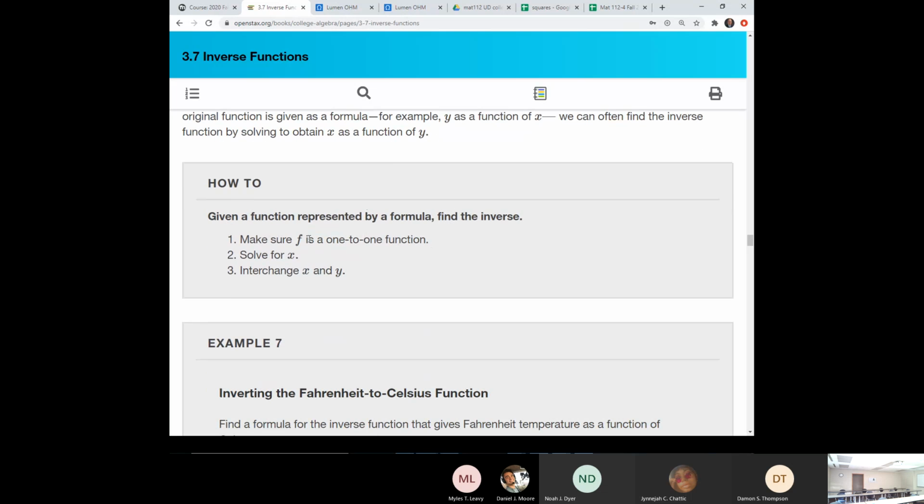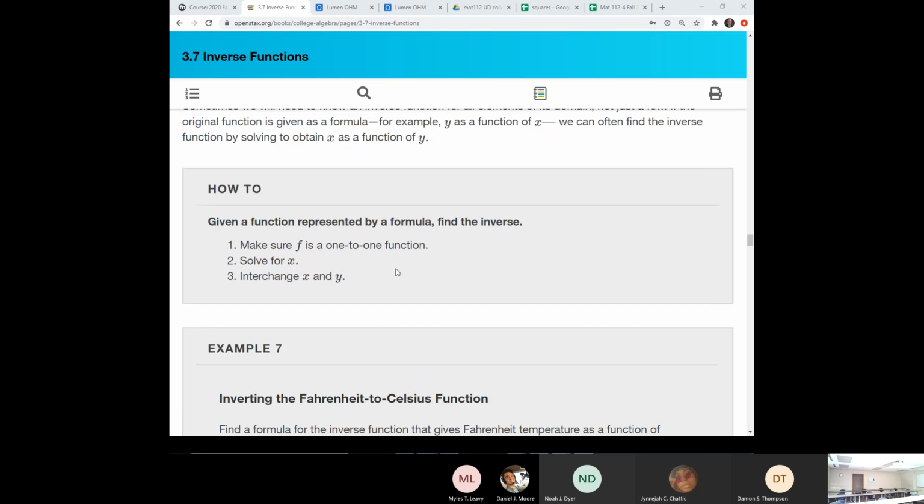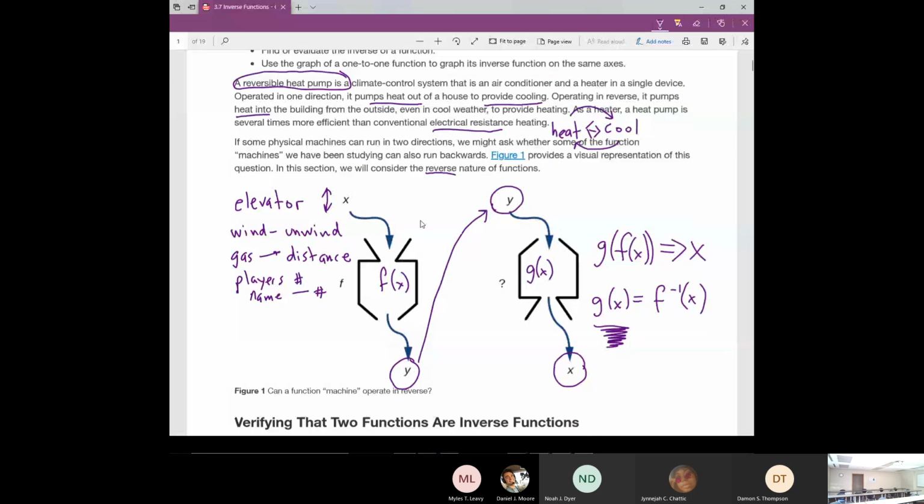I think this is an easier way to understand inverse functions. So I'm going to jump ahead down to the middle of this chapter, and let's see if this makes it easier to understand. I think it's easiest to understand inverse functions when I just think of them as interchanging x and y.